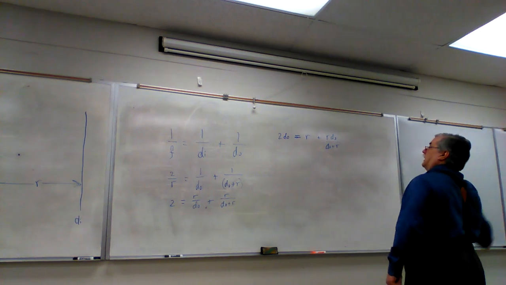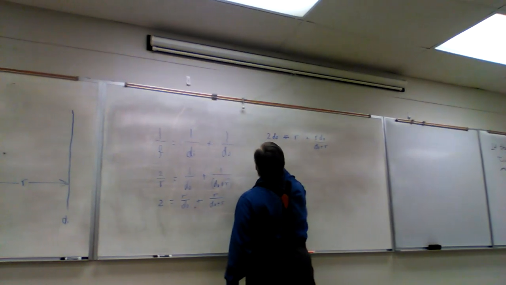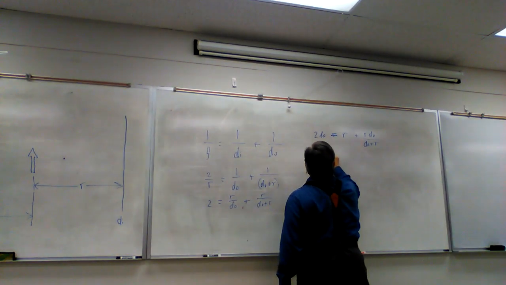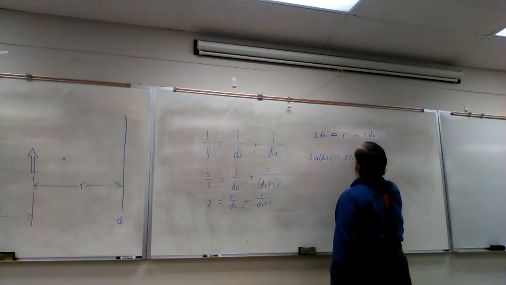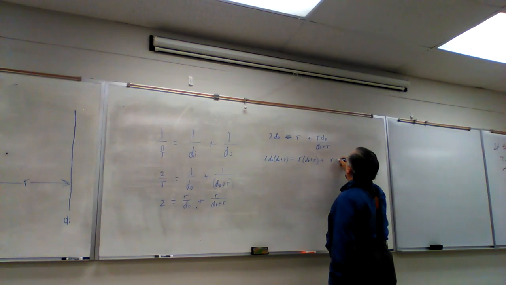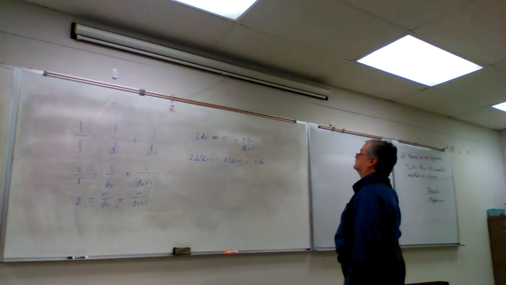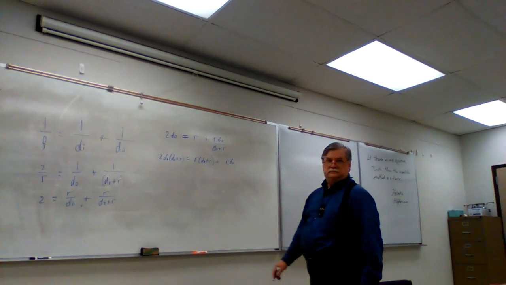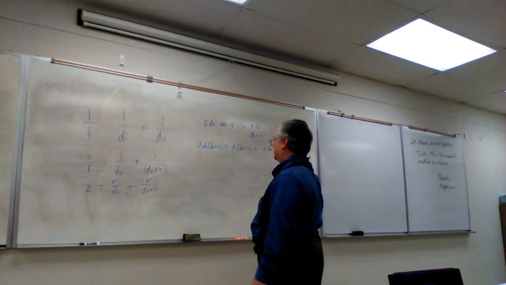And now if we multiply through by d sub O plus r, we get 2 d sub O times d sub O plus r equals r times d sub O plus r plus r times d sub O. Everybody still with me?